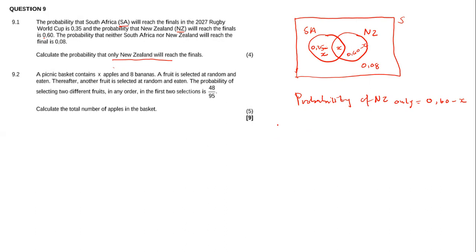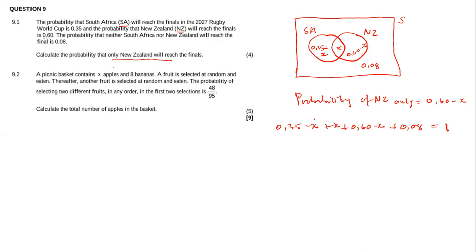So we say 0.35 subtract X, which is South Africa only, plus our X, which is the intersection, plus 0.60 subtract X, which is New Zealand only, plus everything in the sample space supposed to give us 1. We say the sample space complements itself, hence why we equate everything to 1.